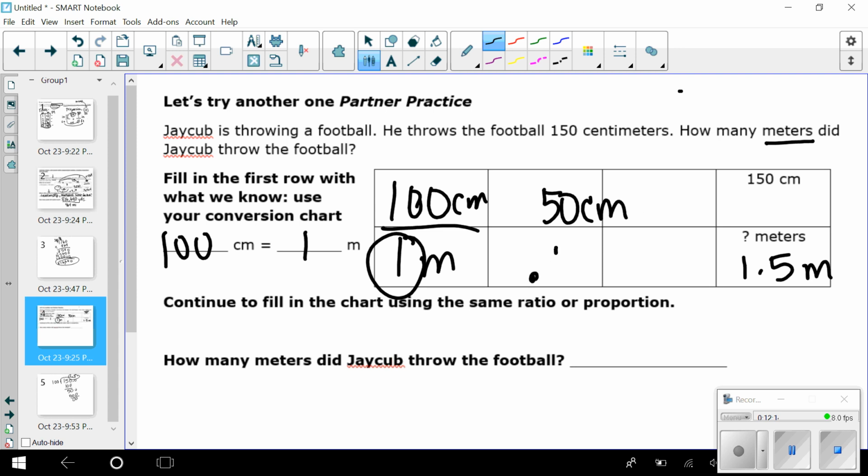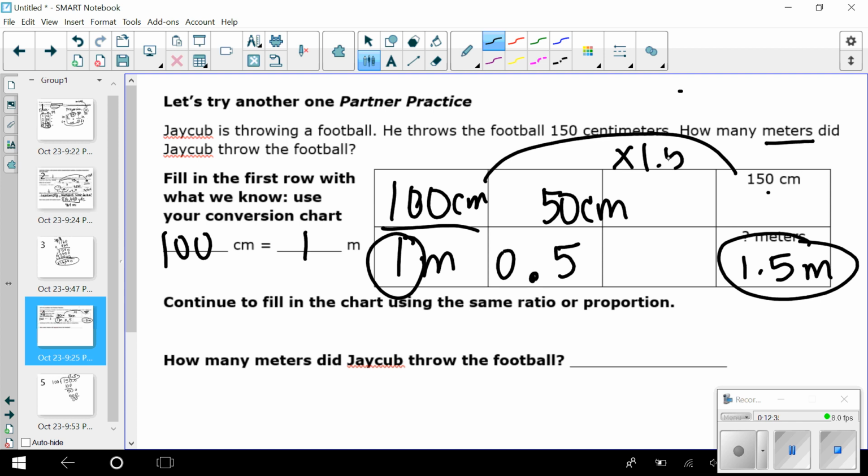Well, it's going to be half of a meter, right? So 100 centimeters is 1 meter, 50 centimeters is half a meter, so that means 150 centimeters would be 1.5 meters. So there's 2 ways to do that. Find the scale factor by dividing, or use the math reasoning skills, okay?